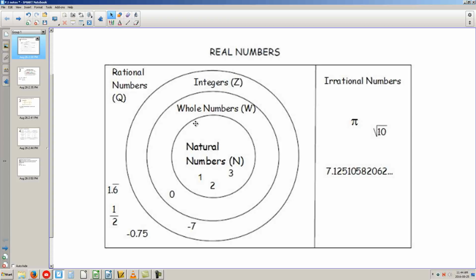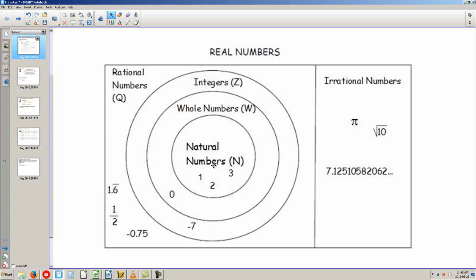If we go a little bit further, because it's possible to have 0 of something, to the ancient people, 0 or 1 or 3 of something made sense. But eventually the concept of negative numbers was developed, where you actually owed something, or there was less than 0 of something. And so integers include the natural numbers.